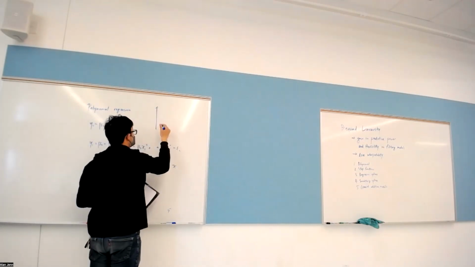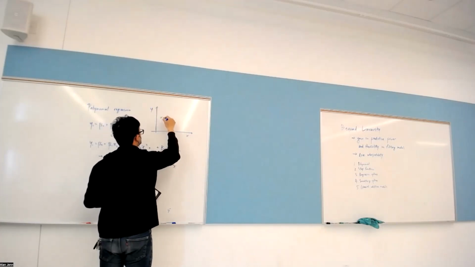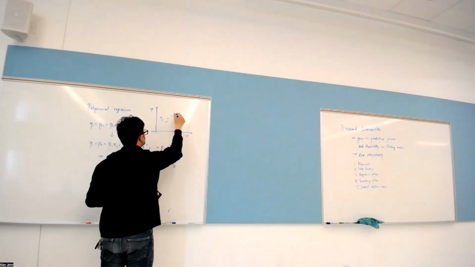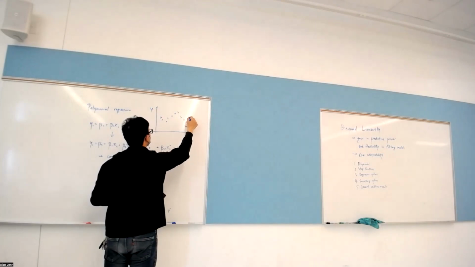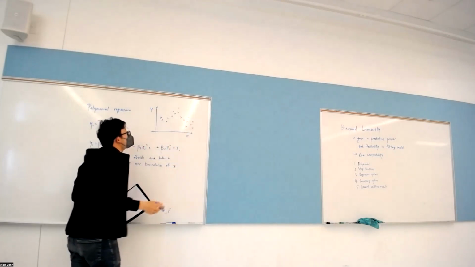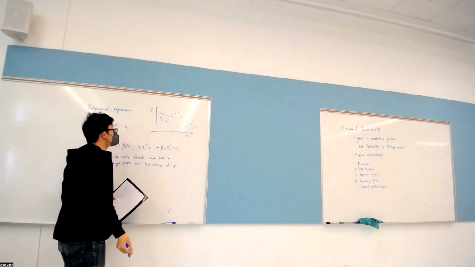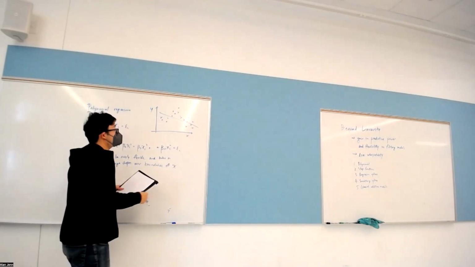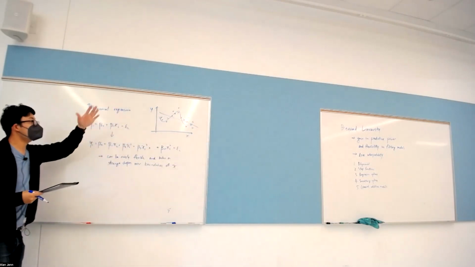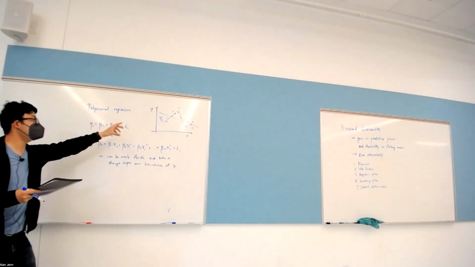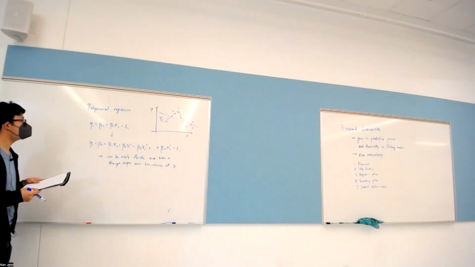Okay, so if I start to have something curvy, in a linear regression, I would only be able to fit some line like this. But with a polynomial regression, I might be able to start to fit some more curvy lines to get closer to my observations. Okay.